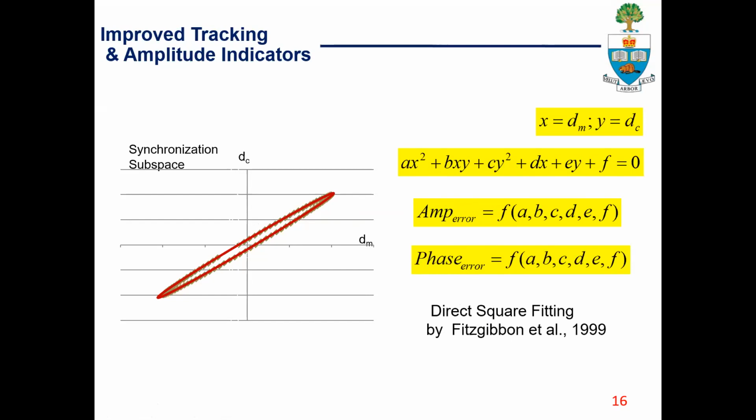But the challenge with these improved tracking indicators is that the image processing technique used to fit the ellipse, so that we have these coefficients, requires the solution of a very large eigenvalue problem each time we fit an ellipse to the synchronization subspace plot.